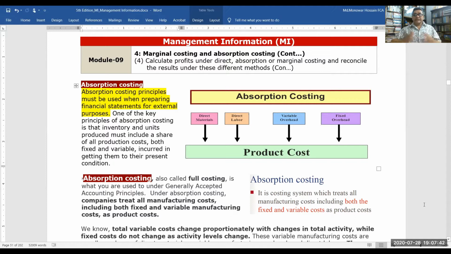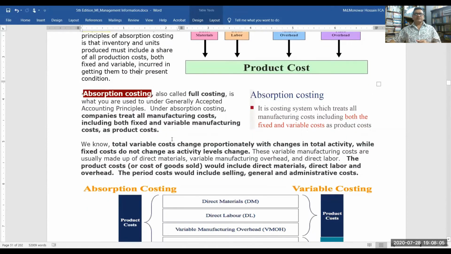Absorption costing is a costing system which treats all manufacturing costs, including both fixed and variable costs, as product cost. So under absorption costing, direct material, direct labor, variable overhead, and fixed overhead all go to the product cost. Absorption costing is also called full costing.